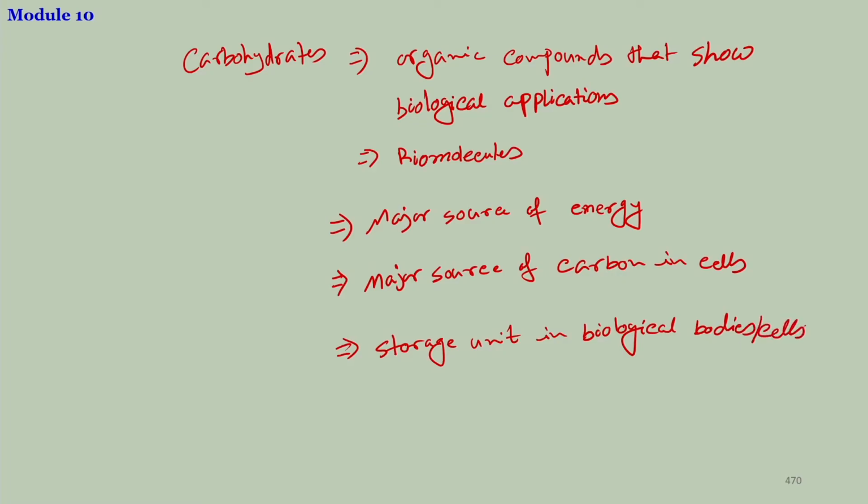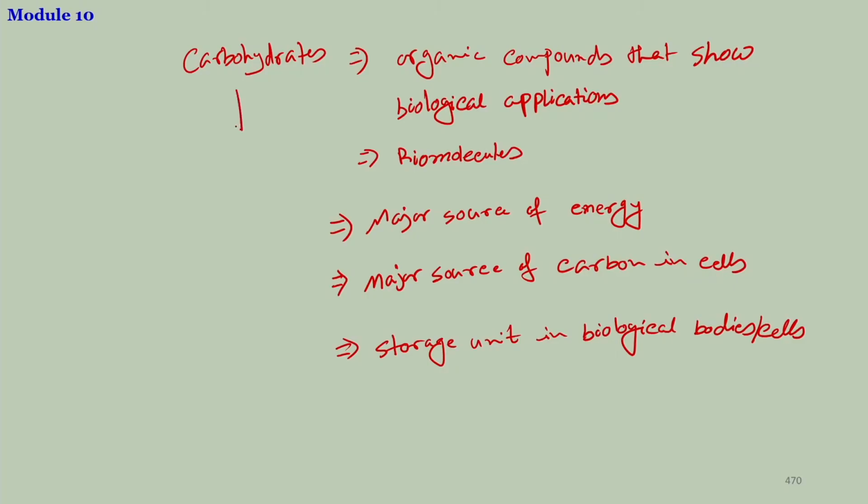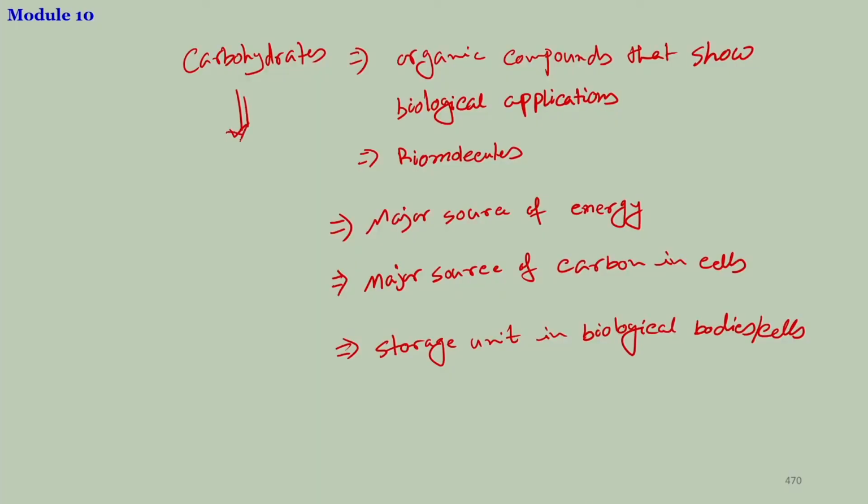Or biological cells. Now, the name carbohydrate basically means that if you char a molecule, what you get is carbon and hydrates, meaning water. So, that is where the name came from.